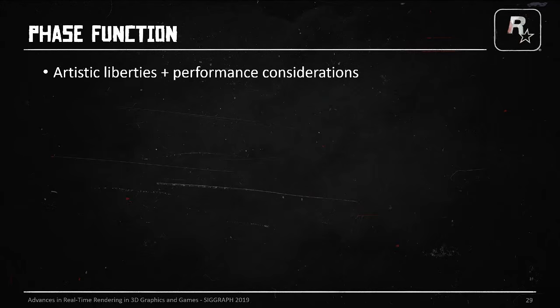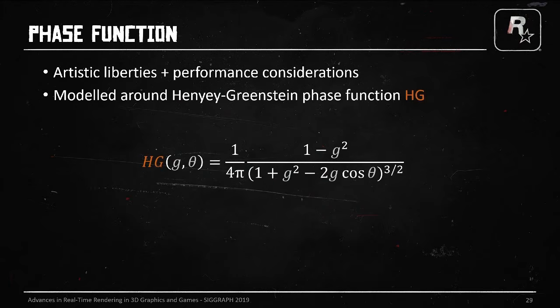But first let's define the phase function. We've built this function employing both artistic liberties as well as performance considerations. And we started by looking at the Henyey-Greenstein phase function, HG, which looks like this. It's very effective when describing forward scattering intense materials.